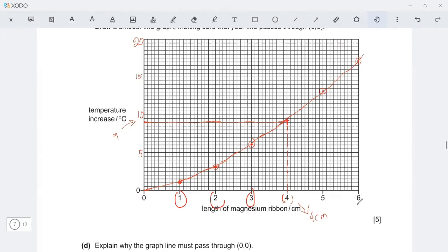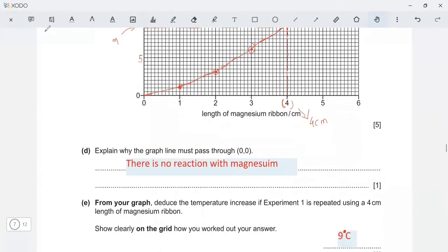When we used 6 centimeter cubed of magnesium ribbon, we got about 17 temperature increase. So you just have to form a line through the intersecting points, drawn properly, and you will get this line over here. So this is the graph to be done as per the table given here.